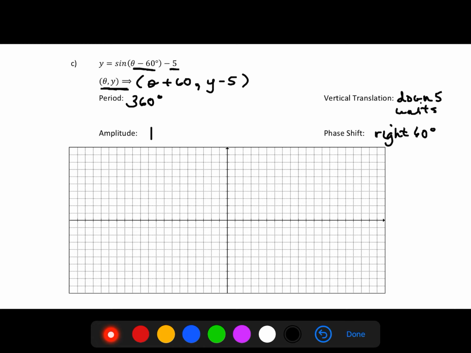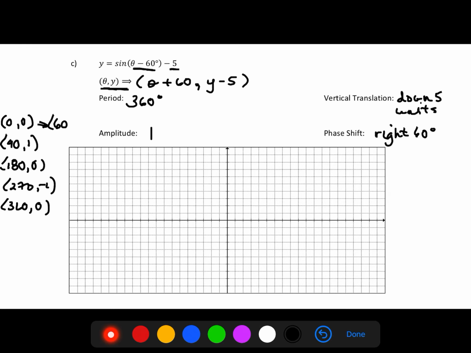So if we think about our key points, which were (0, 0), (90, 1), (180, 0), (270, -1), and (360, 0), we can look at changing these one by one.